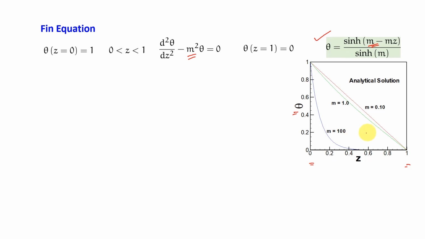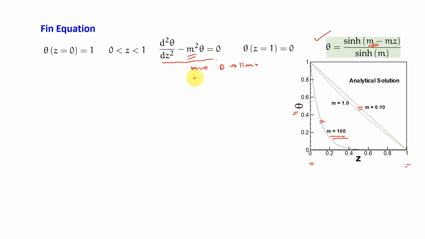Now you see that when m is large, we are getting a very strong nonlinearity here. When m is small, the function is becoming more and more linear, which is understandable in this equation. Think about this equation: for m equals 0, theta will be linear.